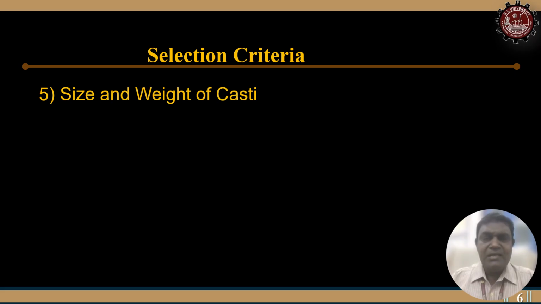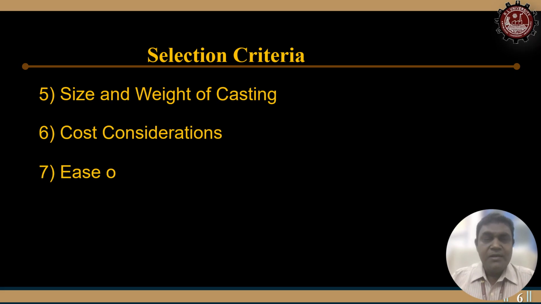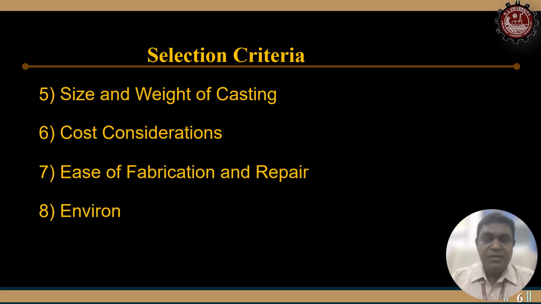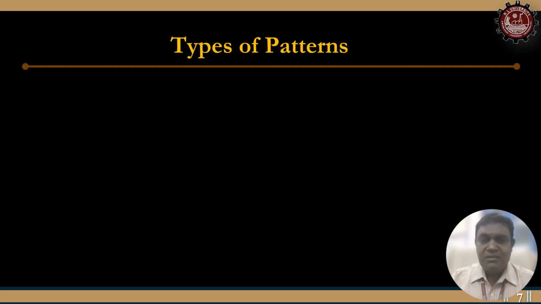Also size and weight of casting, cost considerations, ease of fabrication and repair, and environmental factors. So these are the eight factors we consider for choosing the pattern material.